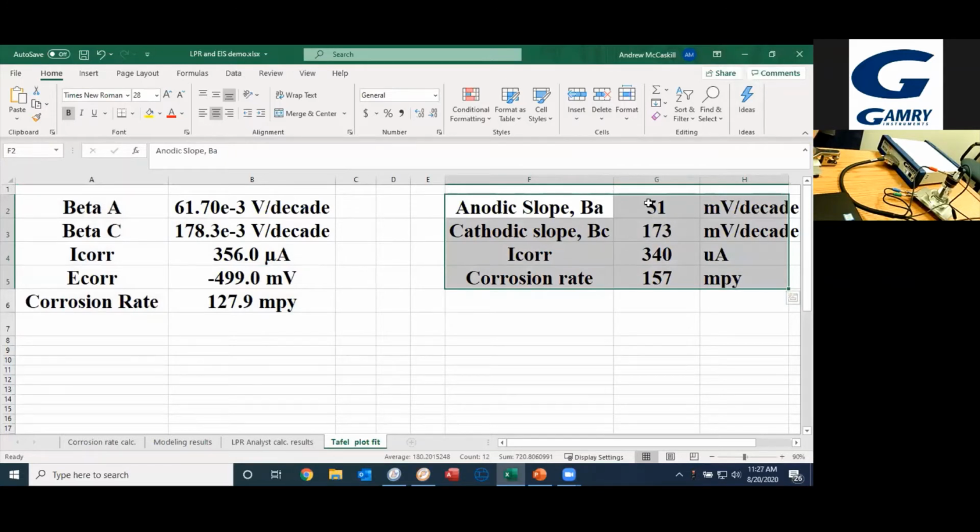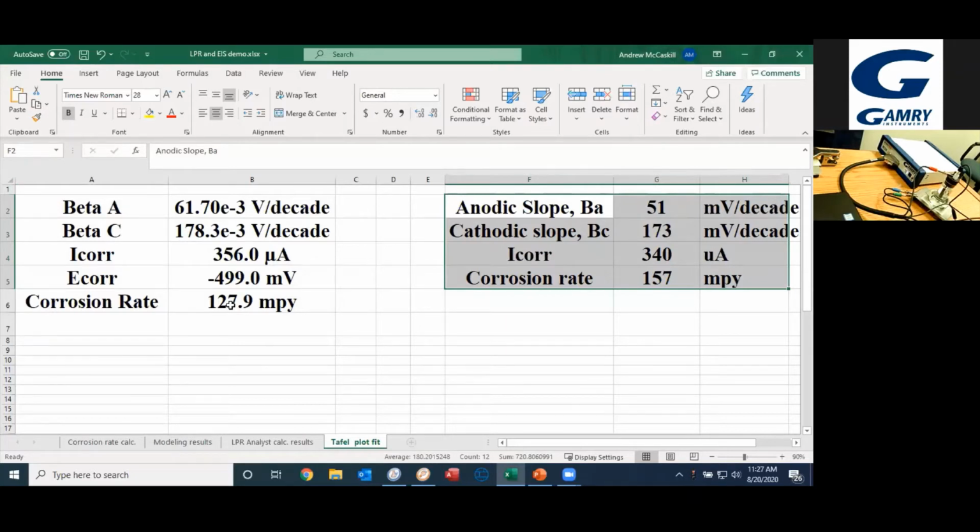So for the anodic slope, graphically I got about 51, about 62 here for the fit. For the cathodic slope, I have about 173. Here I'm about 178. I-corr I have at 340. Over here I'm at 356. Corrosion rate about 157 mils per year. Here I'm closer to about 130. So the two line up pretty well.